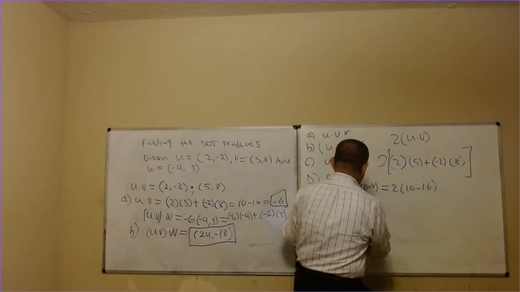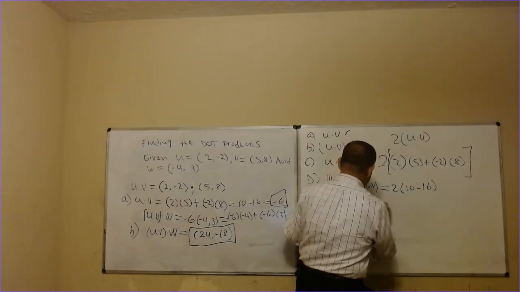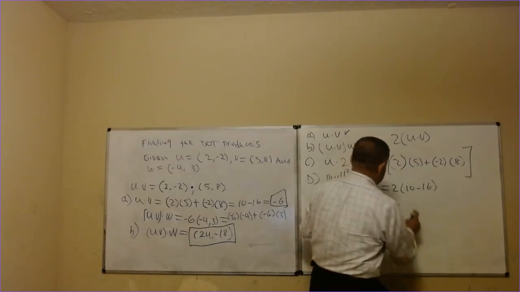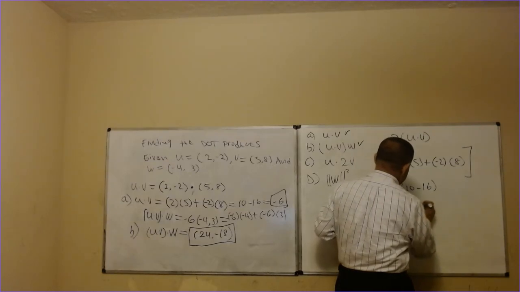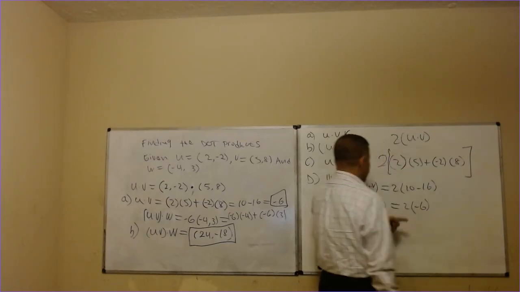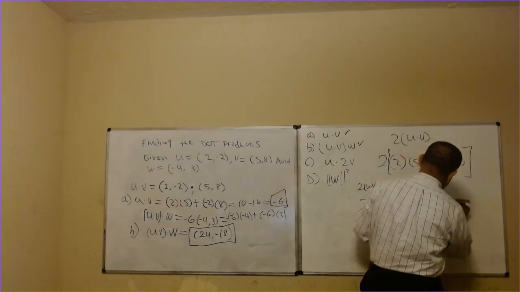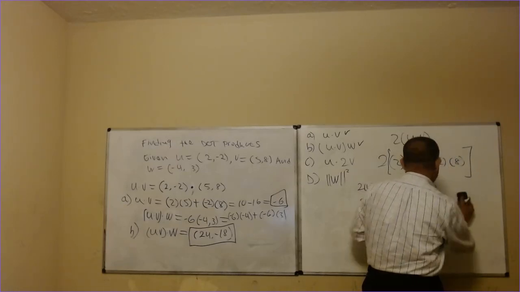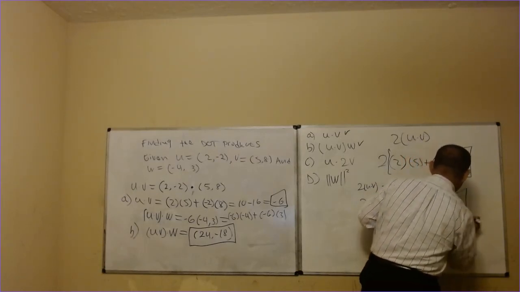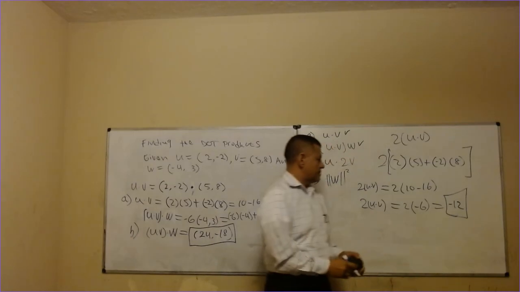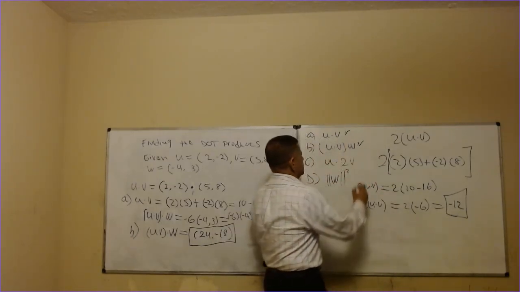So now u dot v is equal to, let me just do the math inside. So this is equal to negative 6. And negative 6 times 2 is equal to negative 12. Okay. So that is part C.